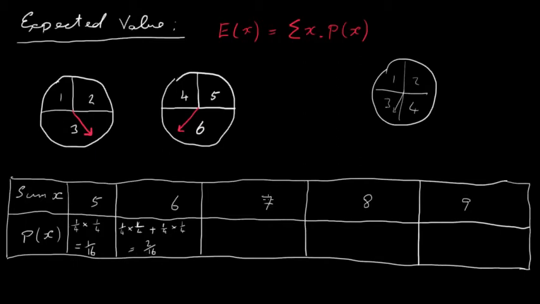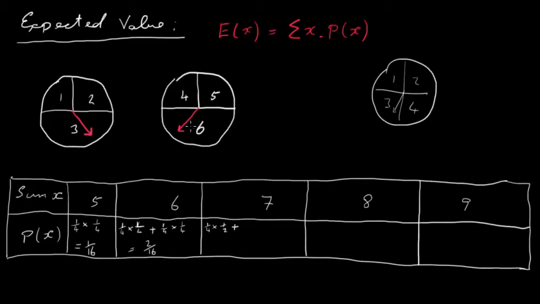Okay, so what about the probability of getting a 7? There are three ways we can get a 7. We can go 6 here and 1 here. So that's a quarter multiplied by, if we get a 6 here, a half. The probability of getting a 6 on that one is a half. So this is a half times a quarter.